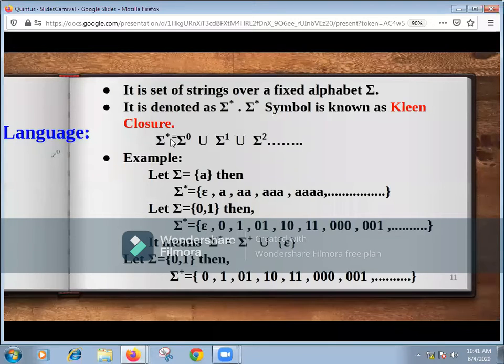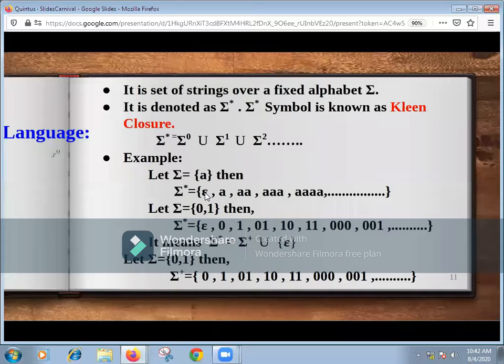Kleene closure. For example, let's see one example where the alphabet has only one element, that is A. For this alphabet, if we want to find the alphabet closure, it will start with epsilon. Epsilon means alphabet raised to 0, nothing, there is no string in the set.